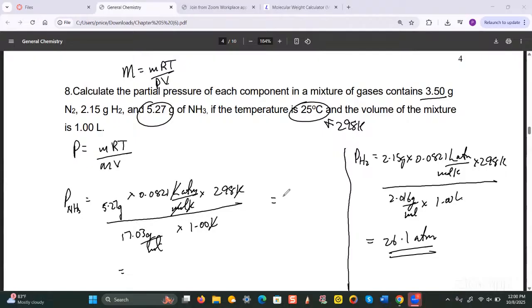Okay, let me do it again. 5.27 times 0.0821 times 298 divided by 17.03. Okay, so according to my calculation again, the answer here works out to be equal to 7.57, and the units again would be atmospheres, right? And that's it. That's number 8. Any questions about number 8?